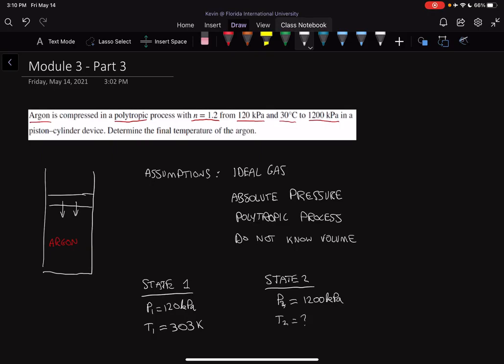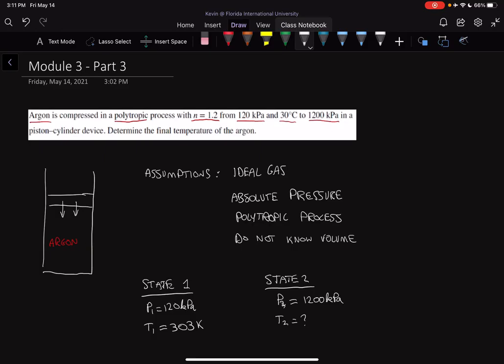Now, what we're going to be doing in this lecture with the examples is we're going to be developing a little bit of extra theory and some shortcuts as well.